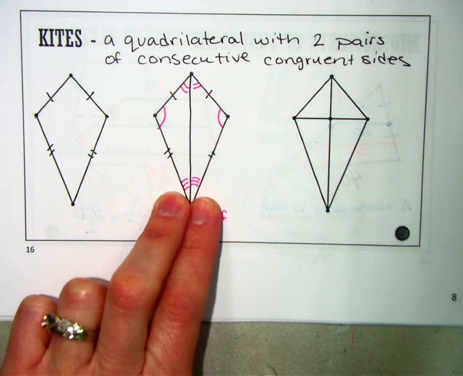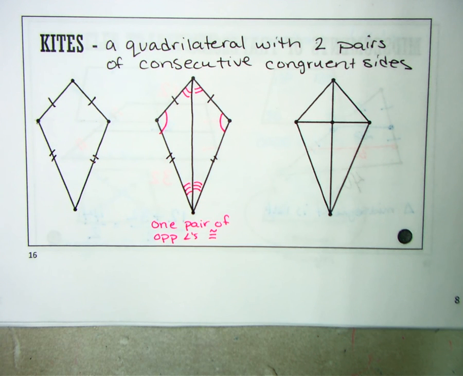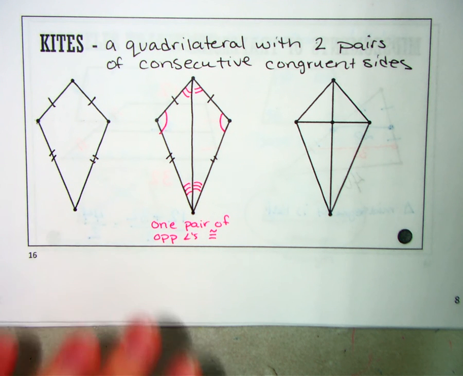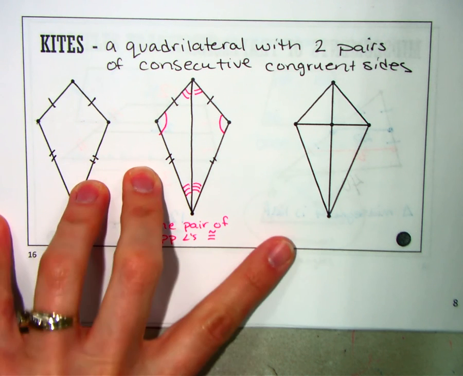So that's bisect. So this diagonal is also an angle bisector. I'm going to write that down in just a second, over here on this other picture, though. You won't get that a ton on your homework, but you can kind of see it there, and it actually is a property. So let's go over to this one.